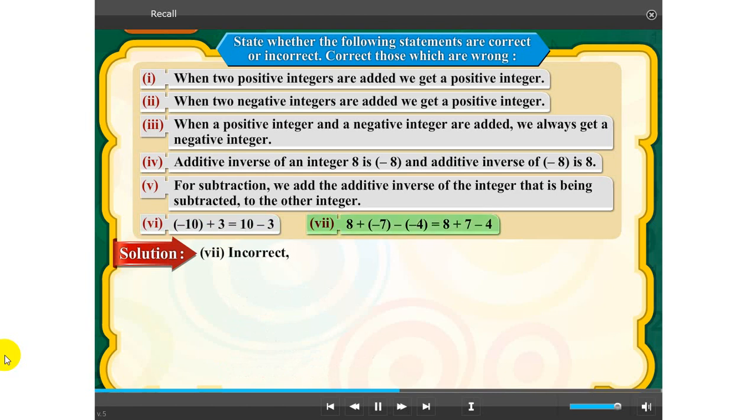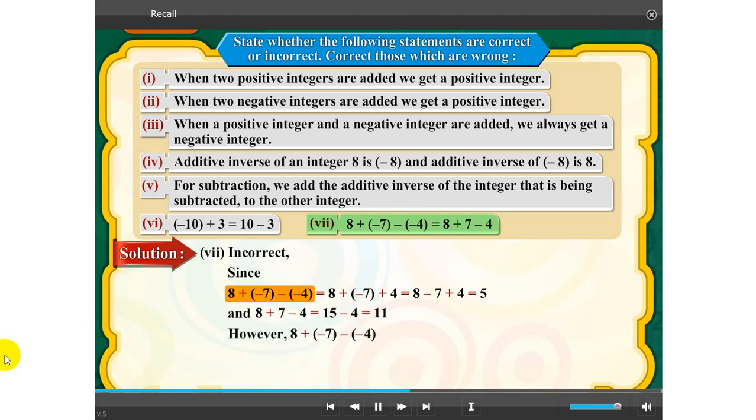7. Incorrect. Since 8 plus negative 7 minus negative 4 is equal to 8 plus negative 7 plus 4, which is equal to 8, negative 7 plus 4 is equal to 5. And 8 plus 7 minus 4 is equal to 15 minus 4, which is equal to 11.